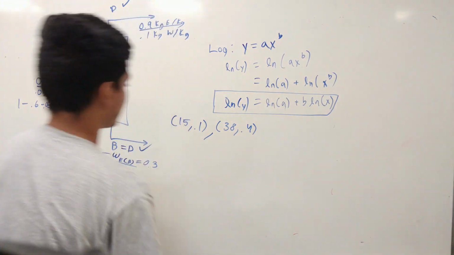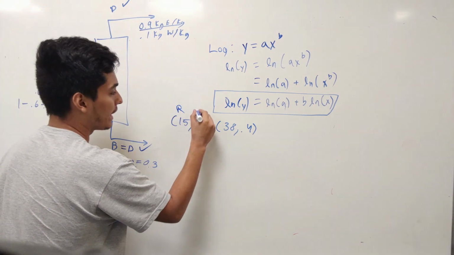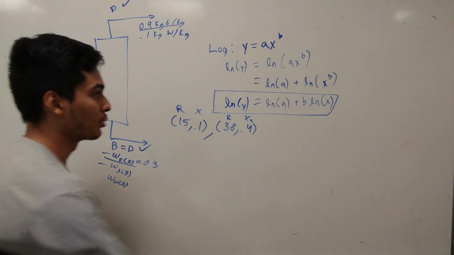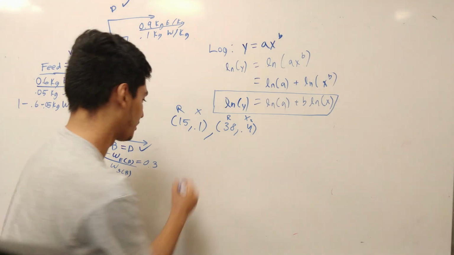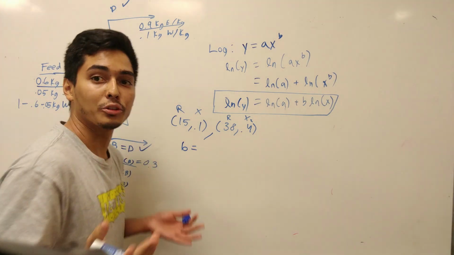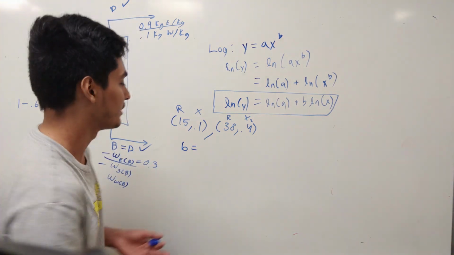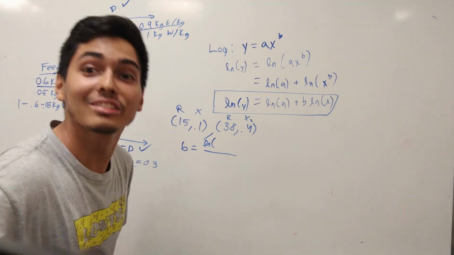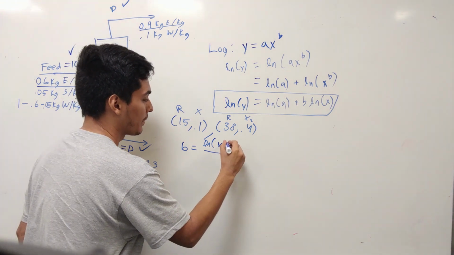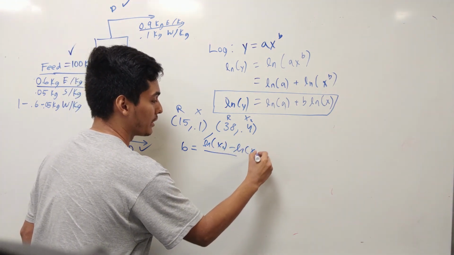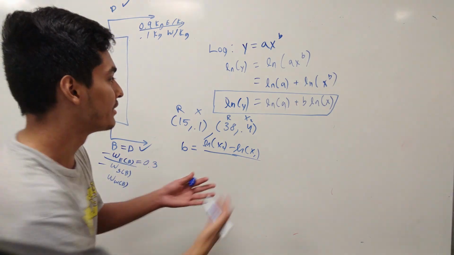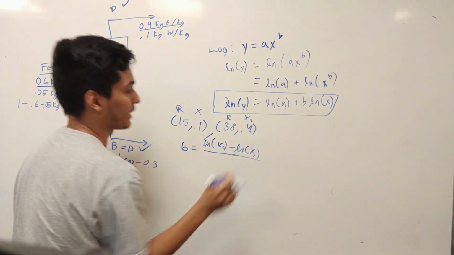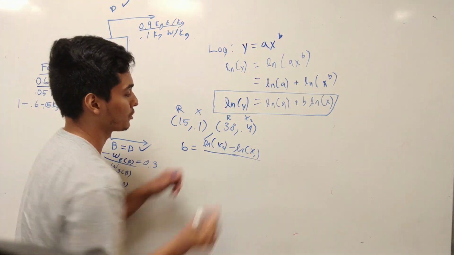Wrong. This is actually going to be your r, x1 and r, x2. So now your slope, which is really your b, which is y2 minus y1 over x2 minus x1, is now going to be ln of x2 minus ln of x1, because this is now our new y.